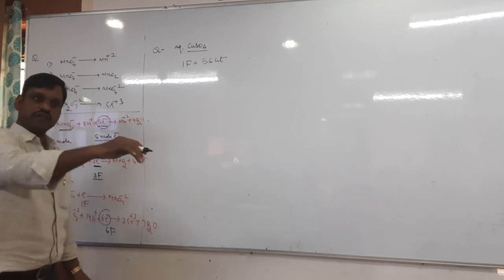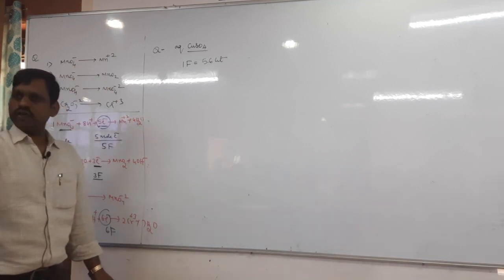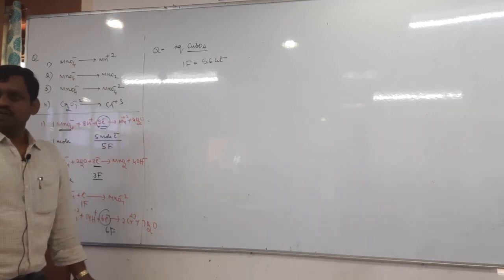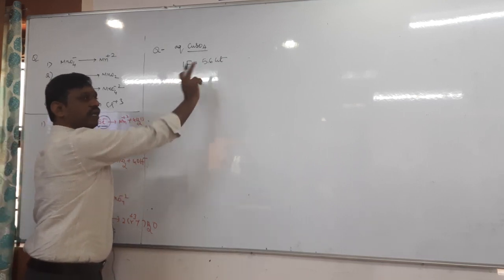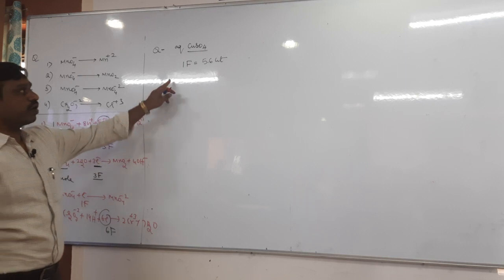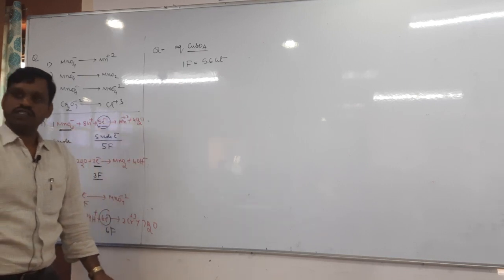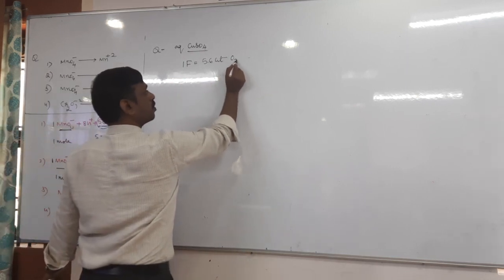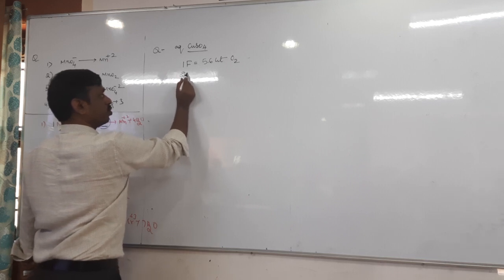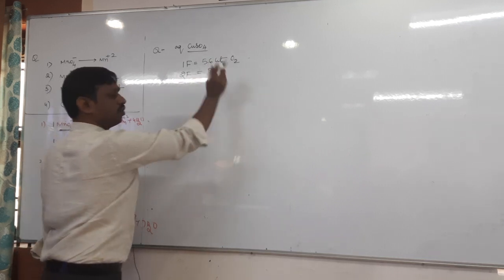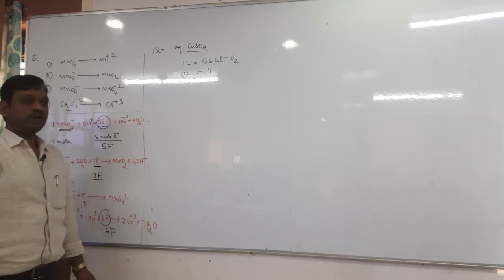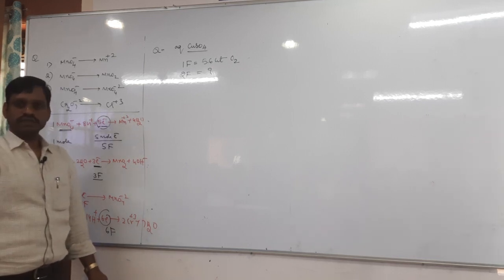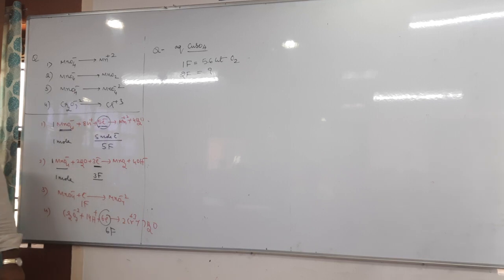Let it be copper sulfate, zinc sulfate, or whatever solution, the relation is only between Faraday and equivalent volume. So 1 Faraday equals 5.6 liters of oxygen, right? Then 2 Faraday equals 2 into 5.6, which is 11.2 liters of oxygen liberated. That's it.